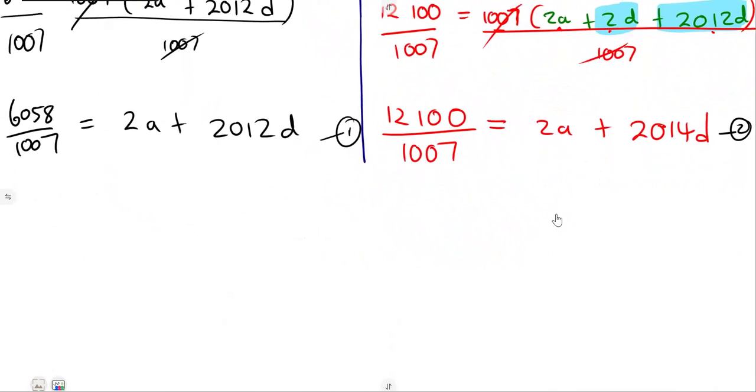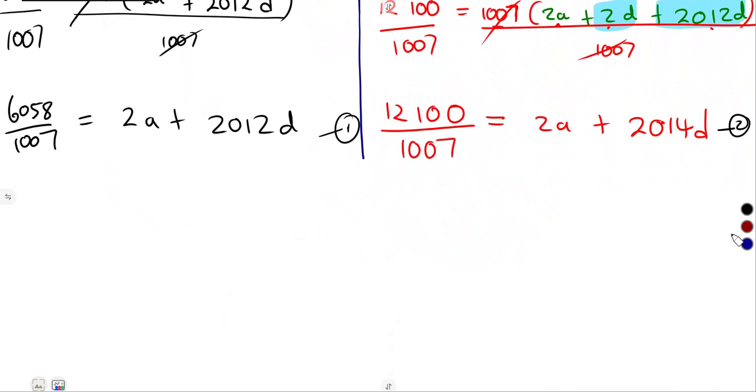Remember we are supposed to solve for D. In order to solve this, we can simply get rid of the 2a. To get rid of that 2a, we can simply subtract the two equations, whether it is equation 1 minus equation 2 or equation 2 minus equation 1. It's up to you.